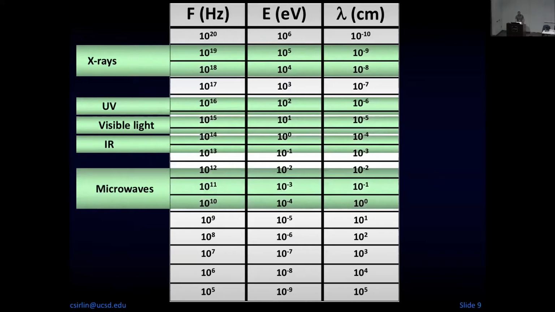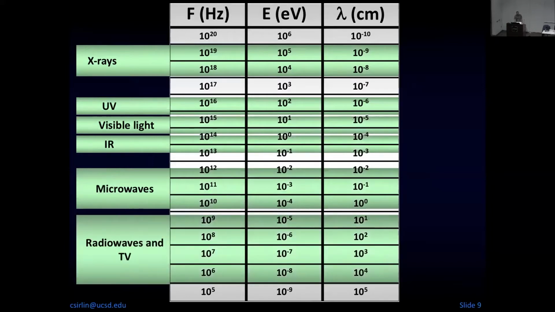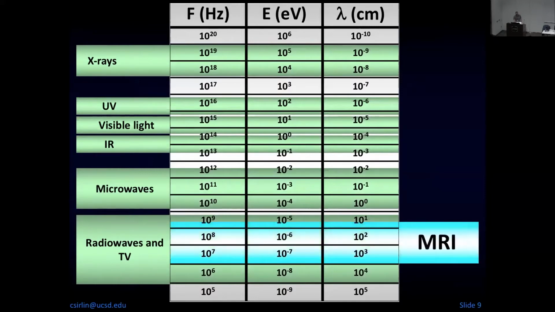Then we get to microwaves. Notice that microwaves have a wavelength of around 10 to the 0 centimeters, so about 1 centimeter, or maybe about 1/10 of a centimeter, 10 to the minus 1. Finally, we get to radio waves and TV, and so this is sort of where we are when we're talking about MRI. So MRI is in the radio frequency spectrum as indicated here.